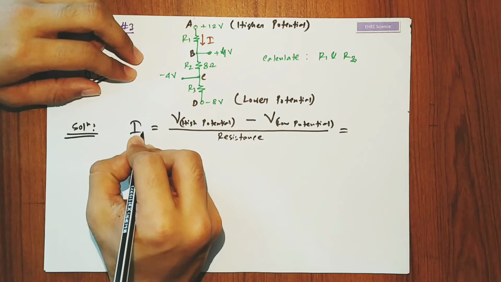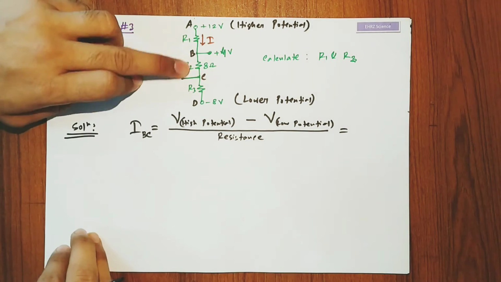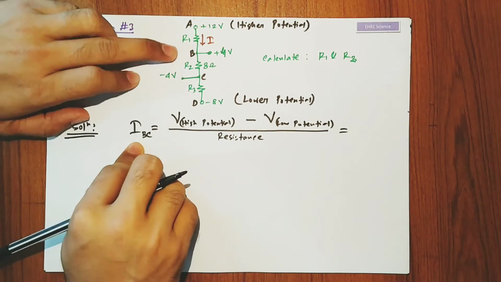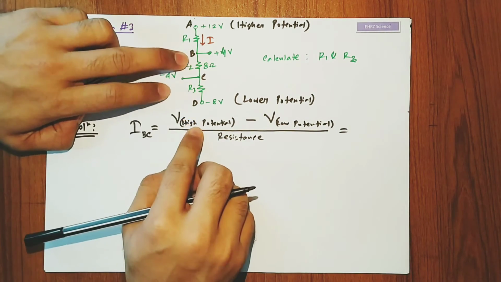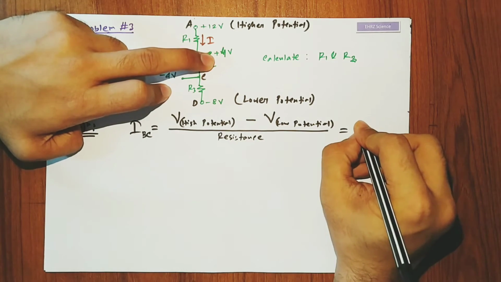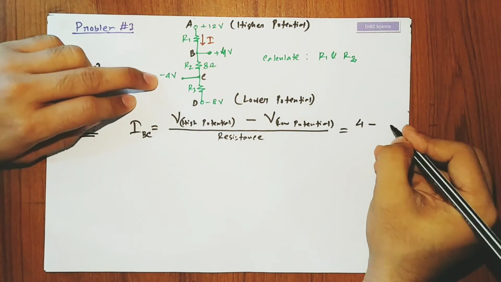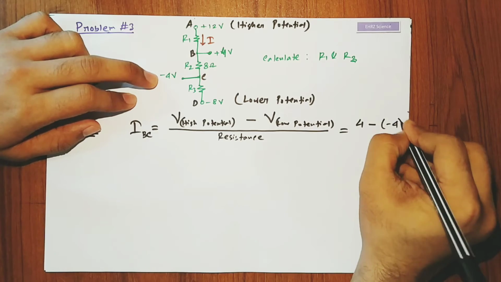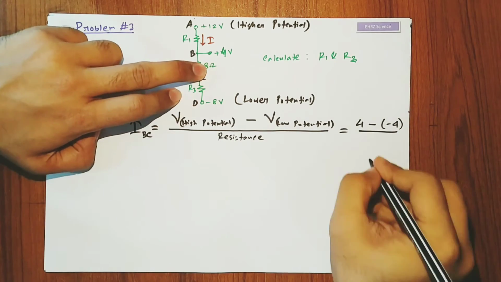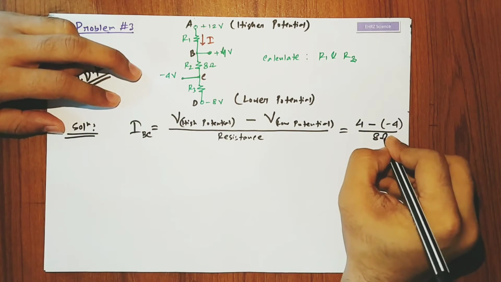This is I_BC. The high potential is 4 volt minus the low potential, minus 4 volt, divided by the resistor 8 ohm.